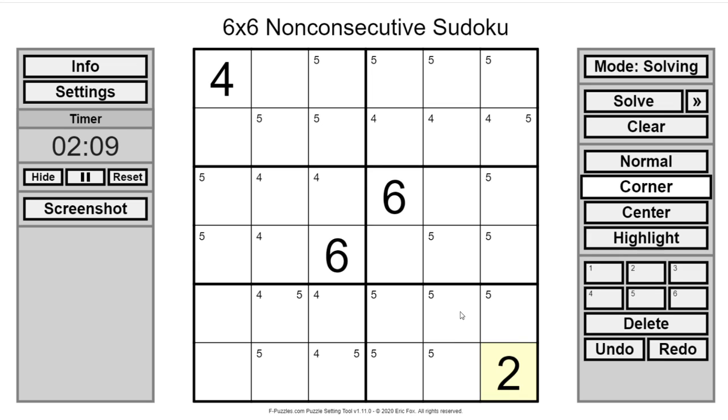But it does affect 3s. And 3s are affected by 4s.